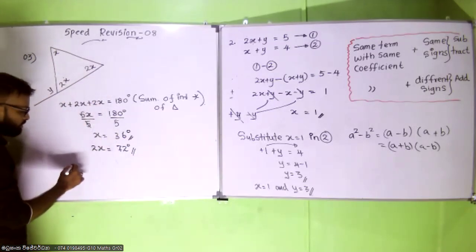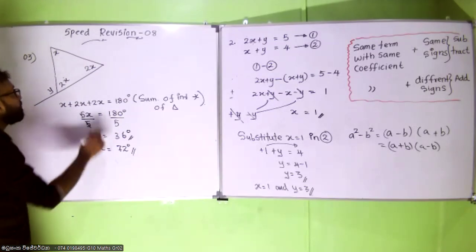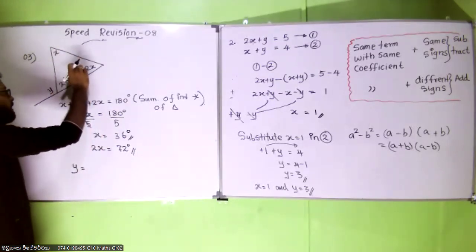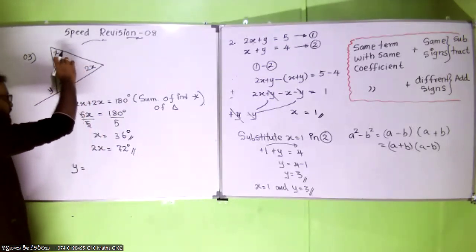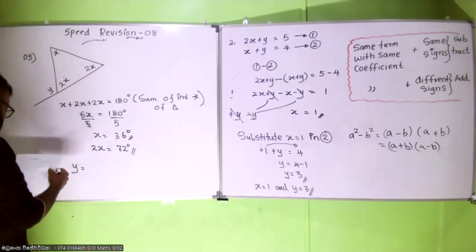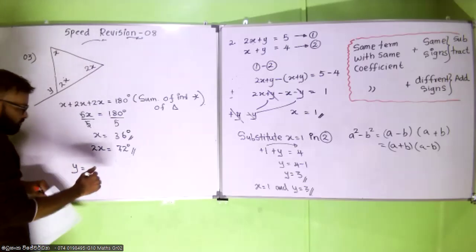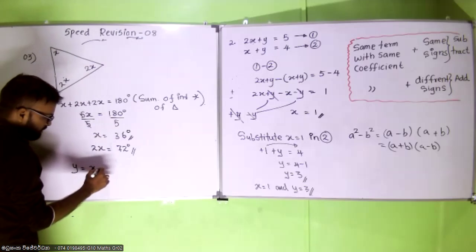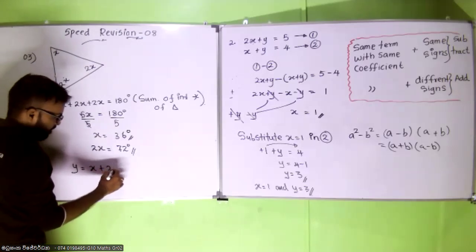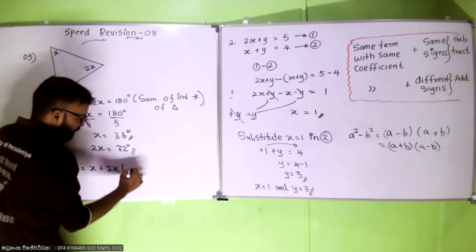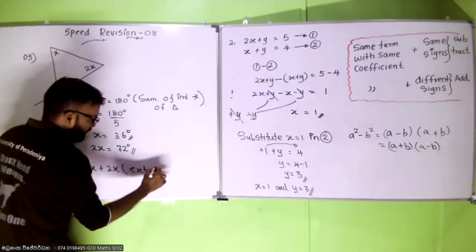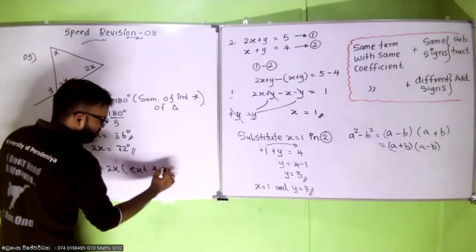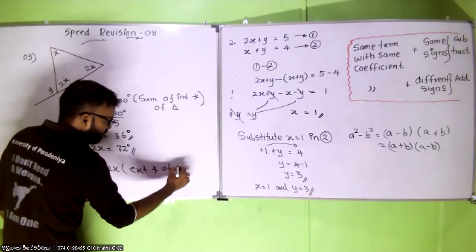But I will use a different way. y equals x plus 2x, the exterior angle of a triangle.